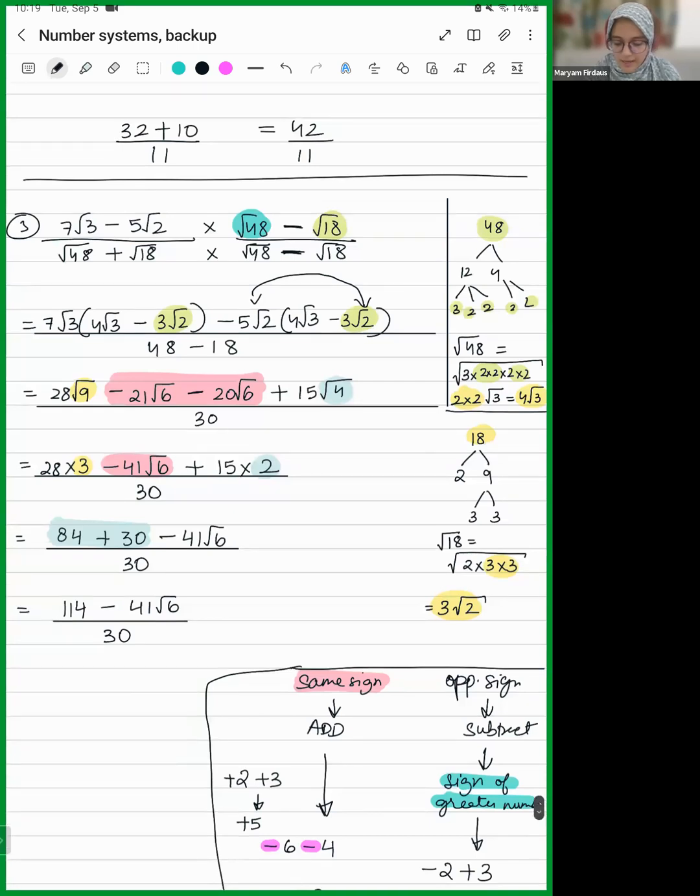Okay, please take a look at the steps. If there is any confusion, feel free to ask. Done. Fine. Let's do one last question.